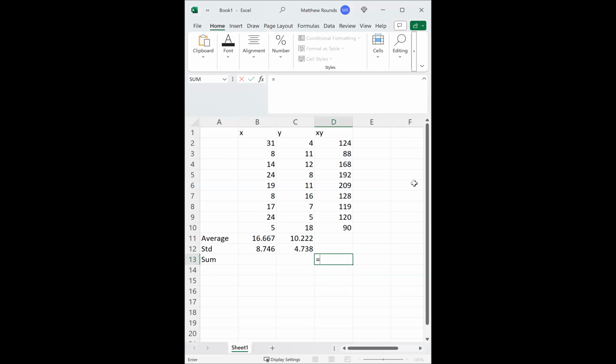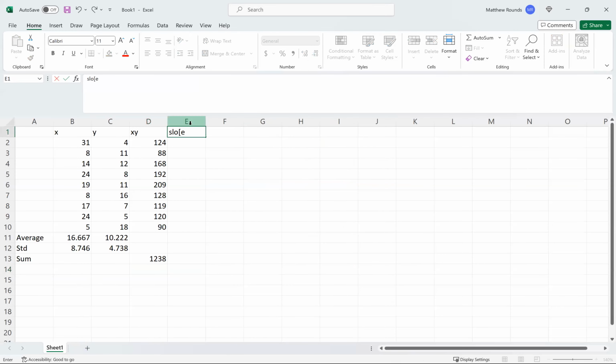You can also get this from what's called a regression analysis. All right, so those are the first things. Now, to get the slope and the intercept, equals the slope.